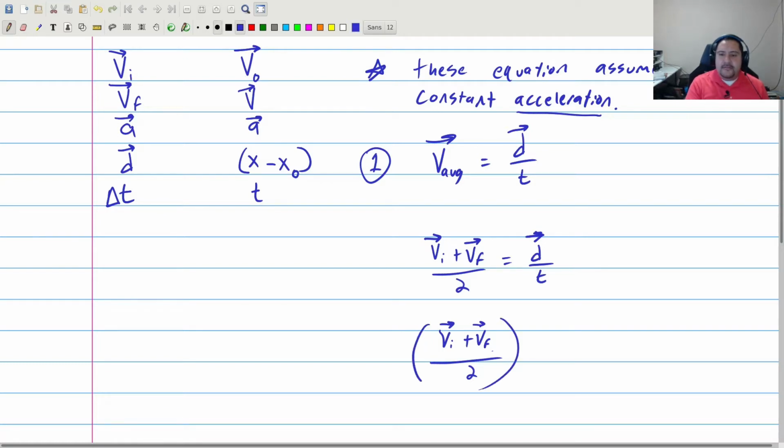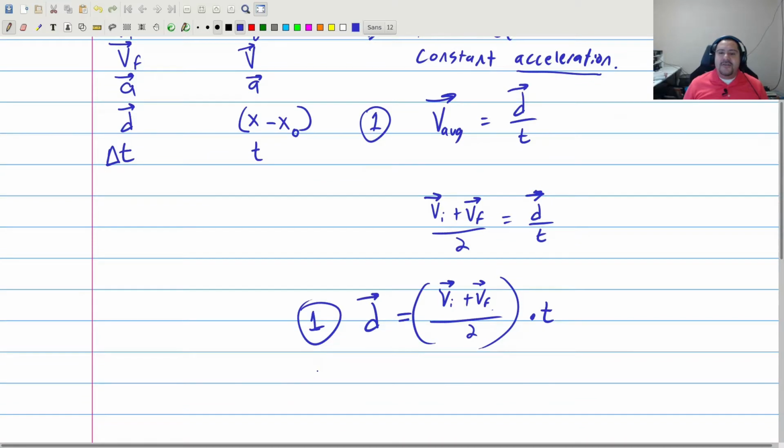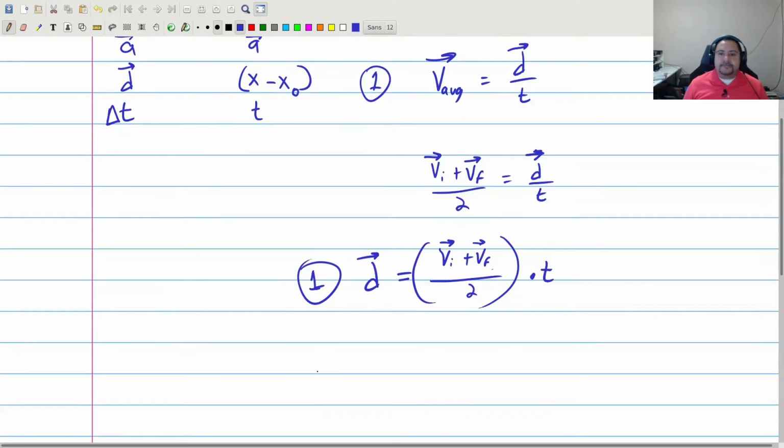This entire thing times t is going to be equal to your displacement. This is the first kinematic equation. And all it is really is the definition of average velocity. That's all it is. And we plugged in what average velocity means and then moved it around a little bit. So there's your first kinematic equation.